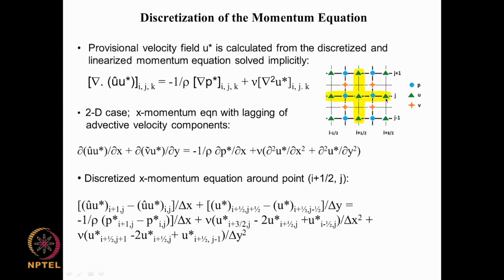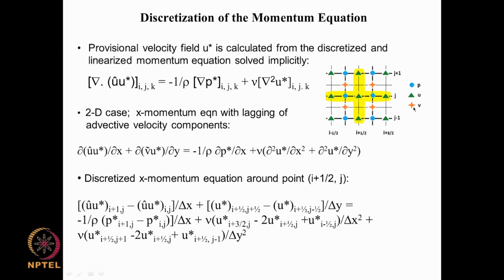Velocity, the u velocity component, is evaluated at half grid distance displaced in the x direction, which is these green triangles, and that is evaluated therefore at i plus half, j and i plus 3 by 2, j and i minus half, j.